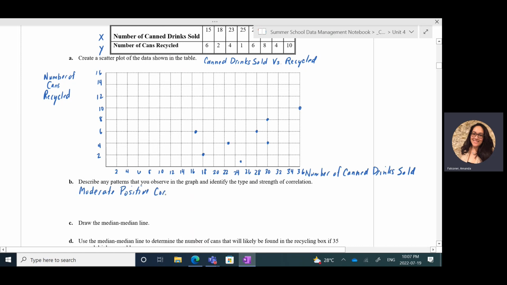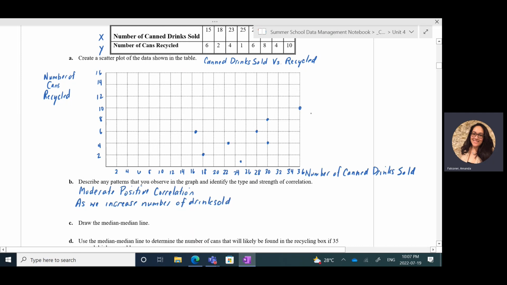And then if it just asks to describe it, we're going to talk about the x-axis and then talk about what is happening with the y-axis. So as we increase the number of canned drinks sold, what do we see happening to the number of cans recycled?